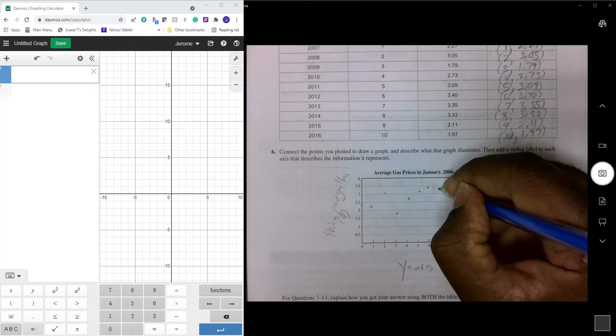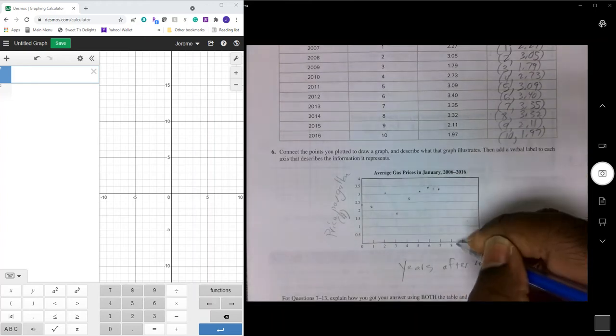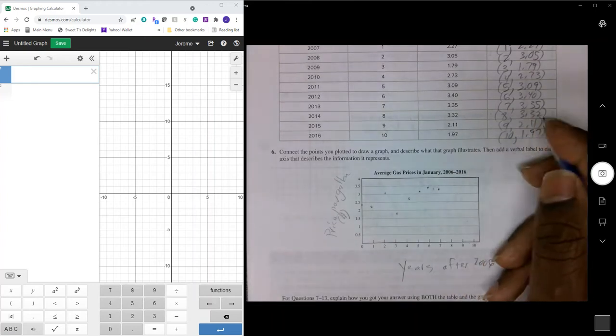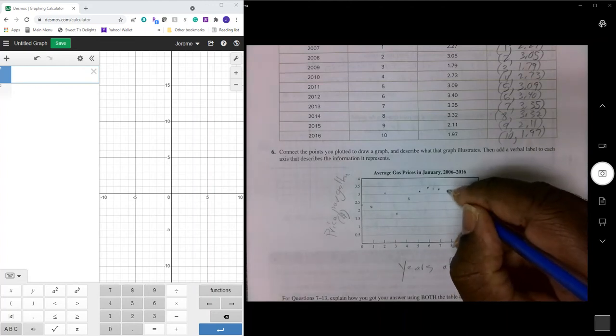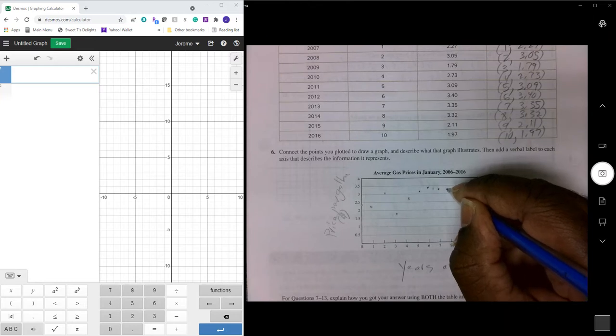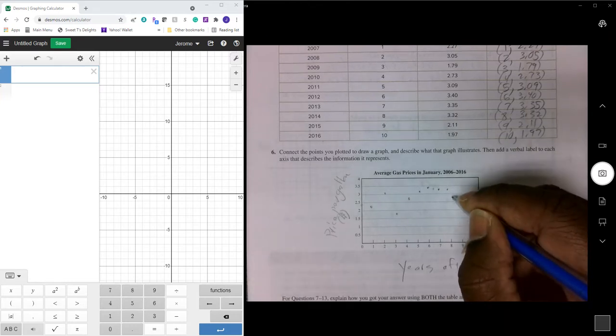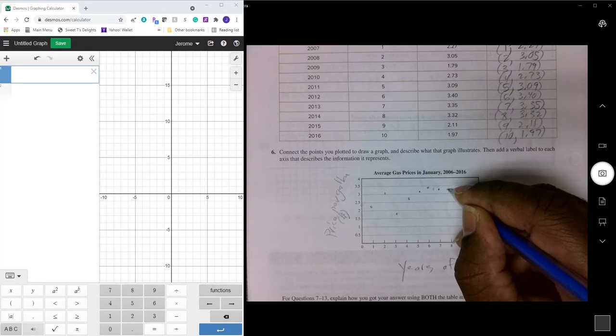I need to bring that over here. Okay, number 8, we have $3.32, which should be close to the middle here. And it's still slightly lower than $3.35.